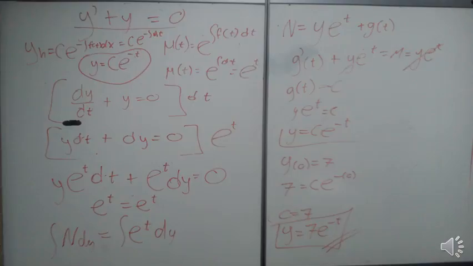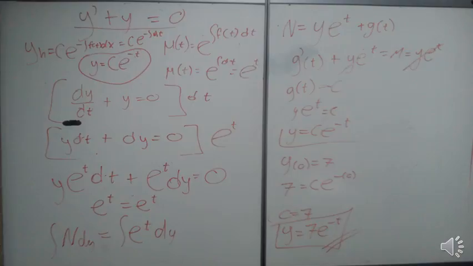We apply the integration of N dy, equal to the integral of e to the power of t dy. So now we have the function equals y e to the power of t plus g of t. We differentiate that and we have g prime of t plus y e to the power of t, which is equal to M, which is y e to the power of t.